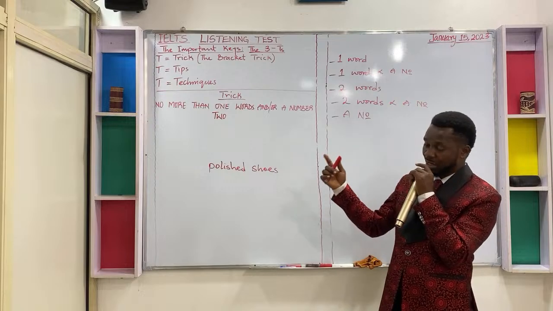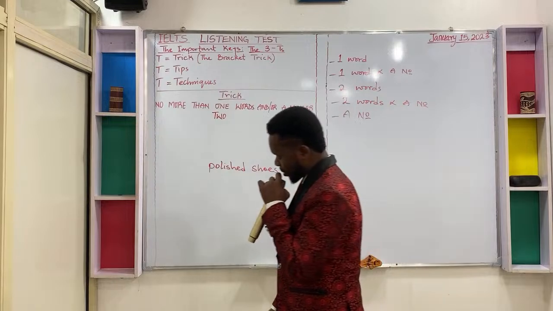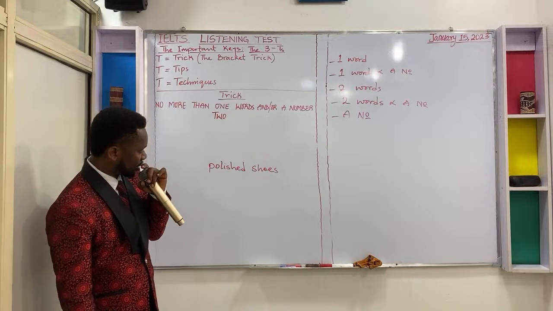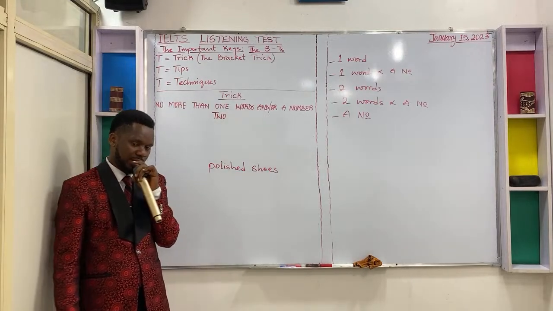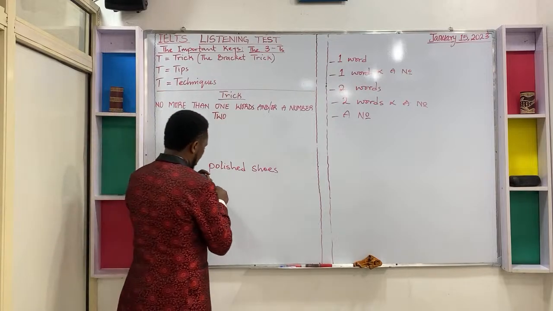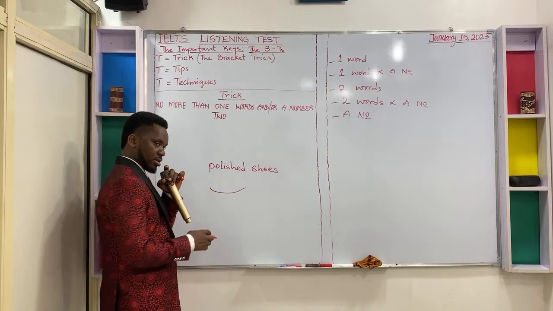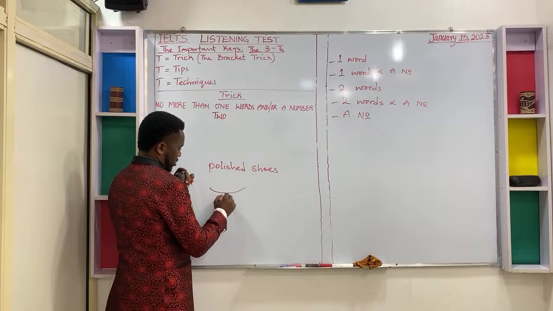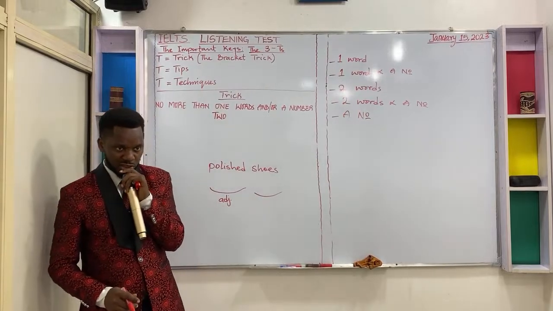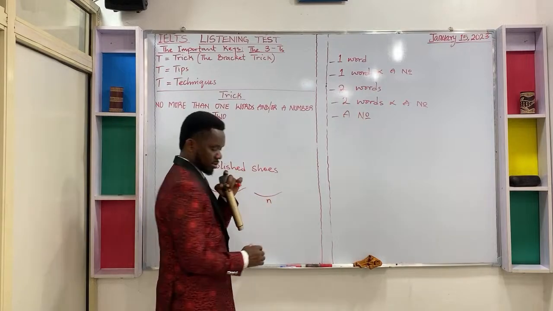So you need to learn to understand what to do to apply the bracket trick. So what do you do? Polished shoes. One of the words there is not the main idea. What word might that be? Polished. What's the role of polished here? It is an adjective. That's the role it's playing. The shoes, what's the role? A noun.